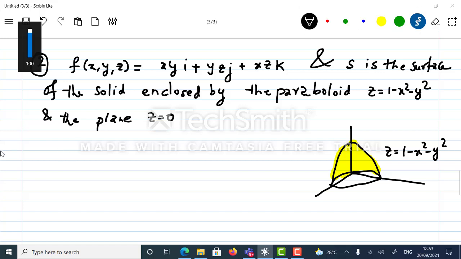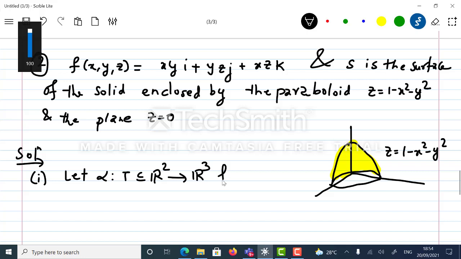So solution. The first step is basically we have to find a parametrization. So let alpha from T subset of R2 to R3 be a parametrization for surface S. This is surface S.